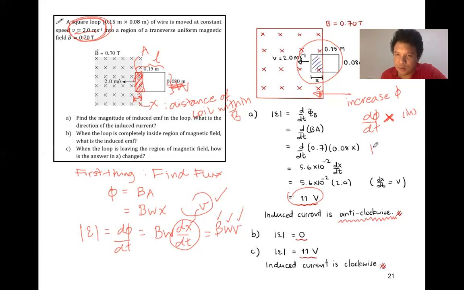So B induced should be opposite. When B induced is opposite, its direction is coming out from the screen.